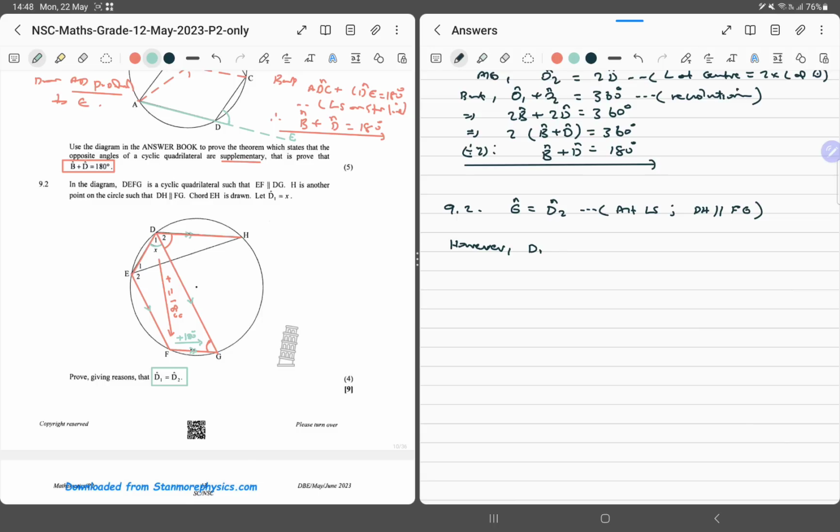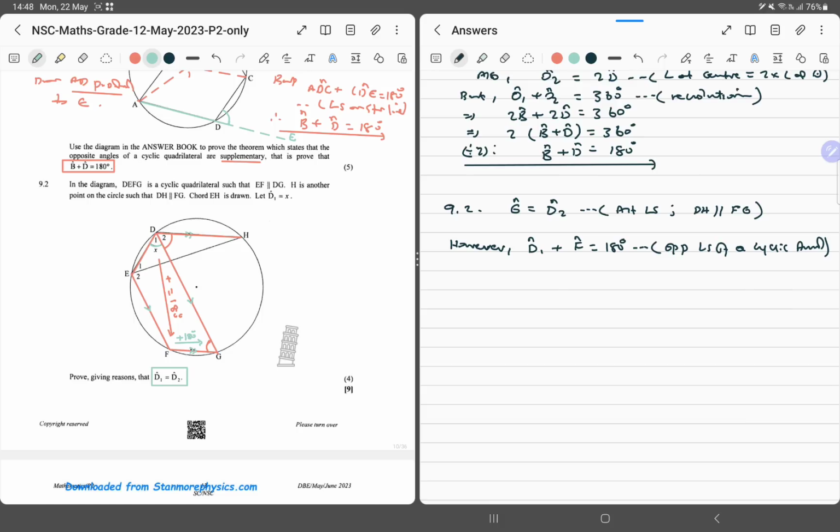we know that angle D1 plus angle F equals 180 degrees. These are opposite angles of a cyclic quad. There's only one quad that we're given there, that quadrilateral.